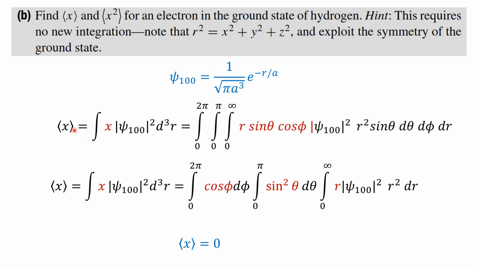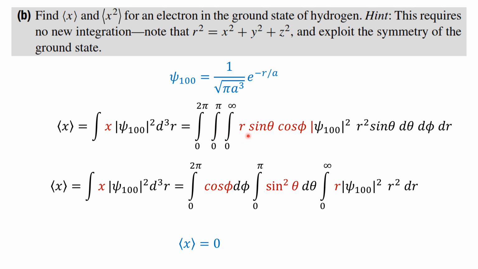We can straight away say that the expectation value of x is 0, because the electron will move in all possible directions, so the average value of x is equal to 0. We will find it in the formal way. By definition, the expectation value of x is the integral of x times the modulus square of this wave function times d3r.